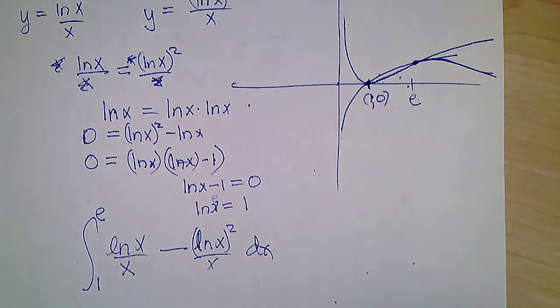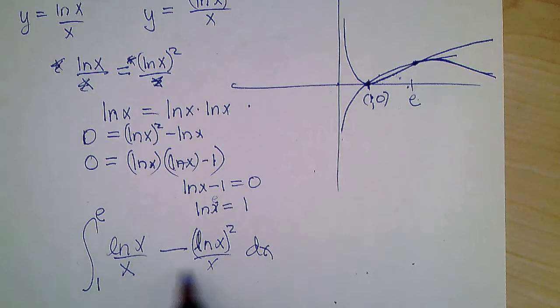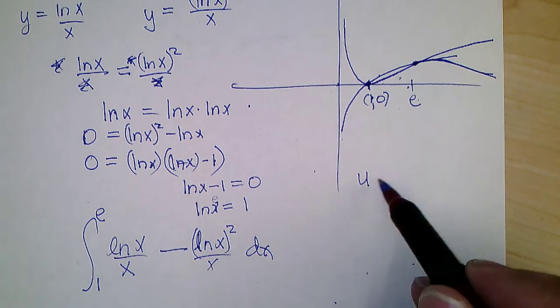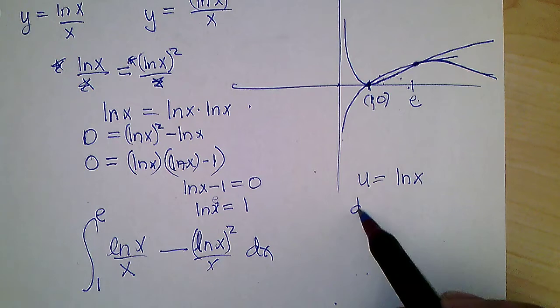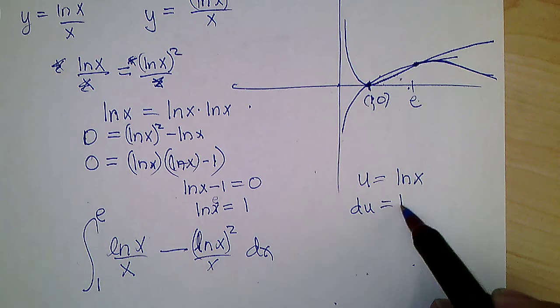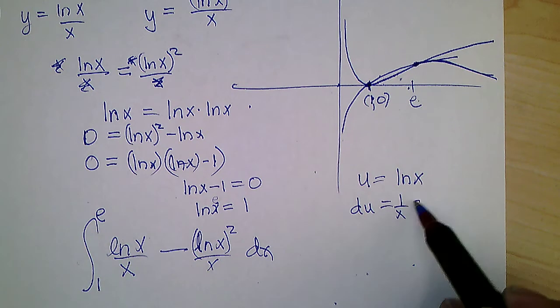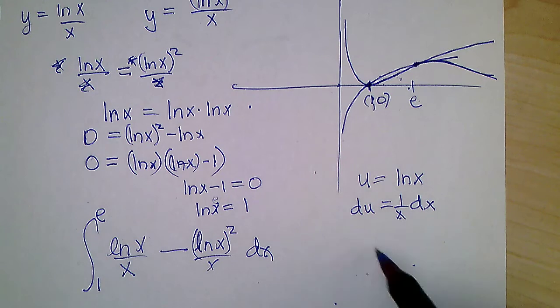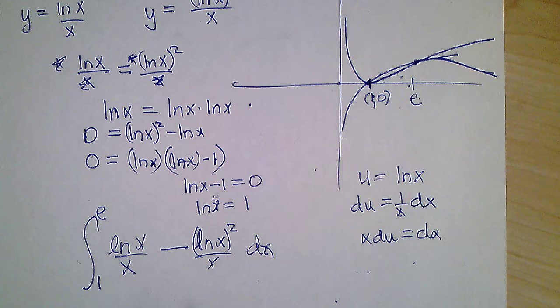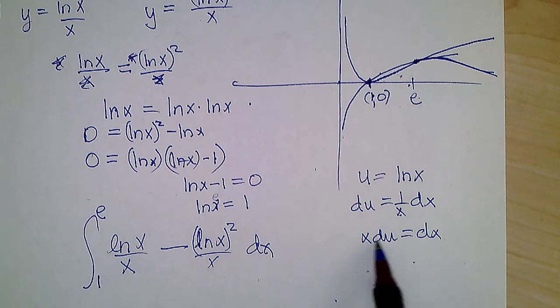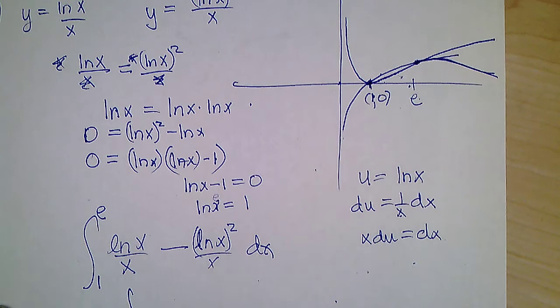Now, these both will work pretty nicely if I let u be ln x, because then du would be 1 over x dx. I can multiply by x. So this x, when I put dx in here, will cancel both of those, and I'll have the integral.